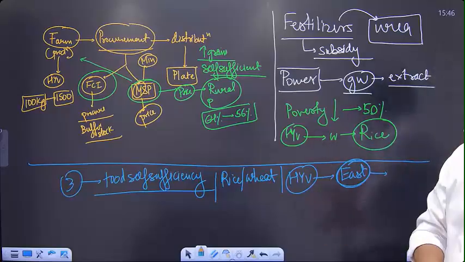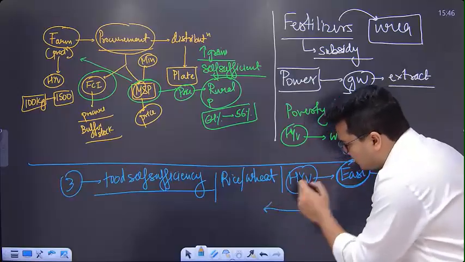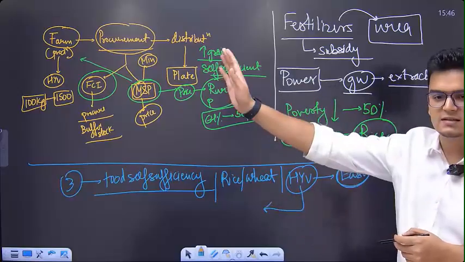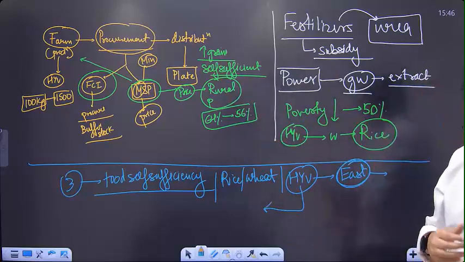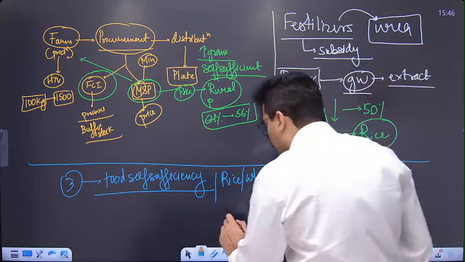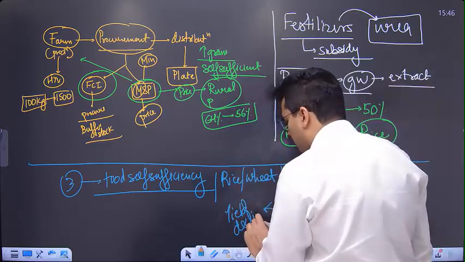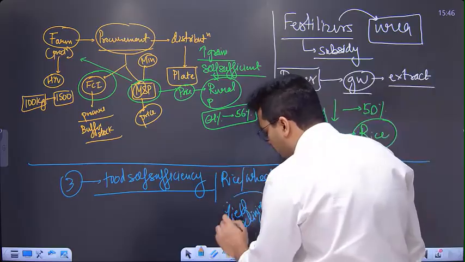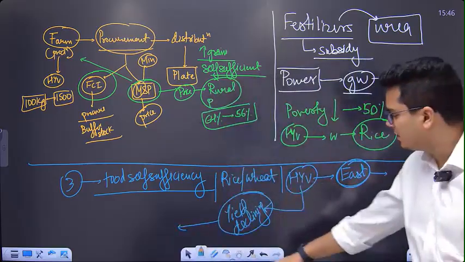Then the problem is that these high yielding varieties, it has been approximately 20 years since they have been introduced, their yield starts declining. Initially, they were giving very high yield and there was a lot of growth, but ultimately yield starts declining.